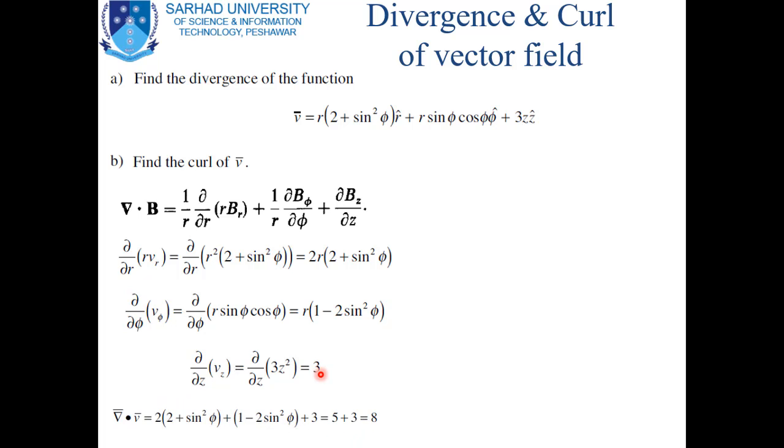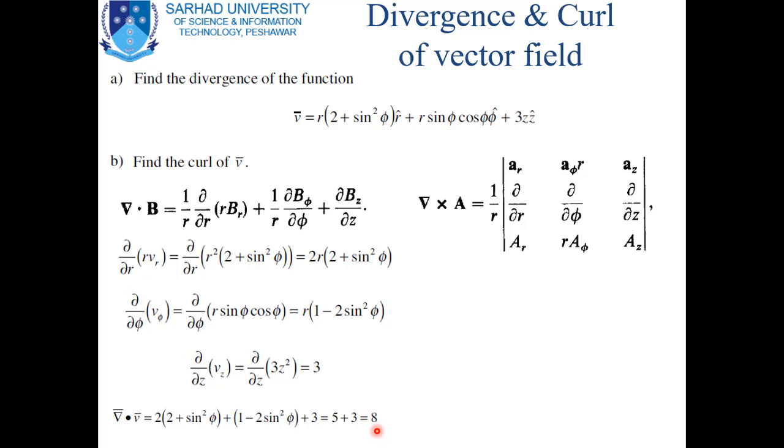Now after putting the values of del r r vr, del phi v phi, and del z vz over here, and after the calculation we will have 8, which is the divergence of the function v.